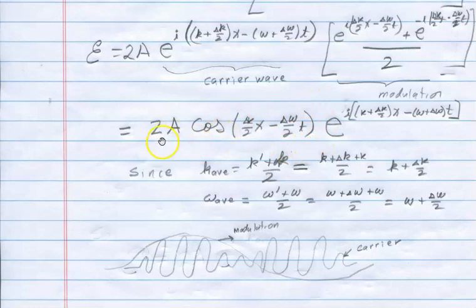You see the maximum value is going to be twice the amplitude of one of the waves, and all of this with this cosine term is the modulation.